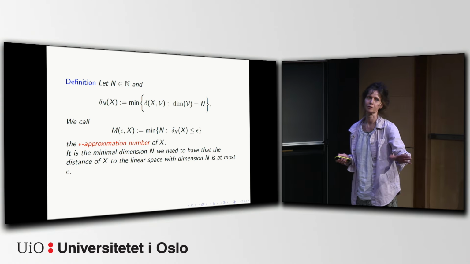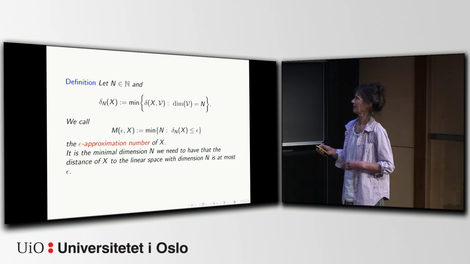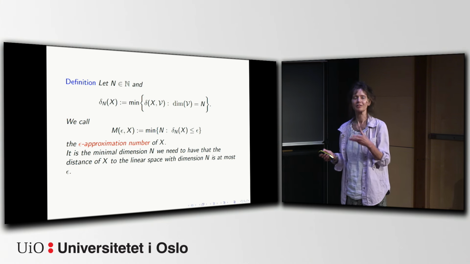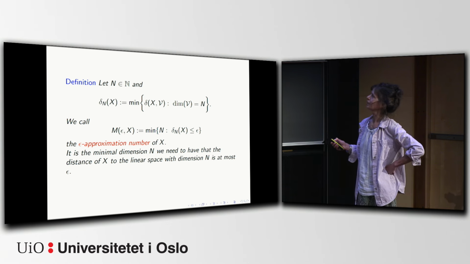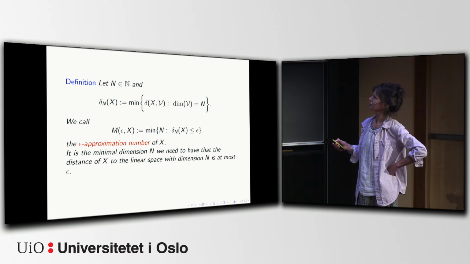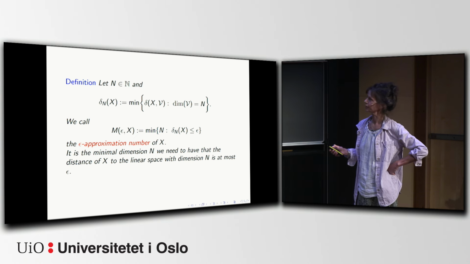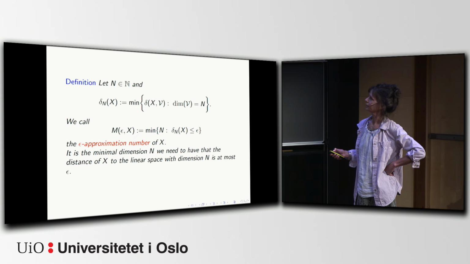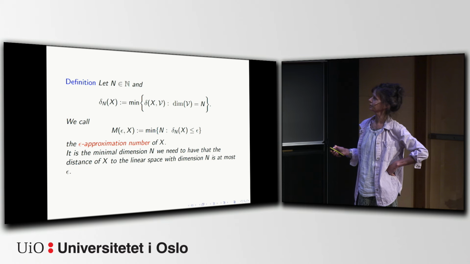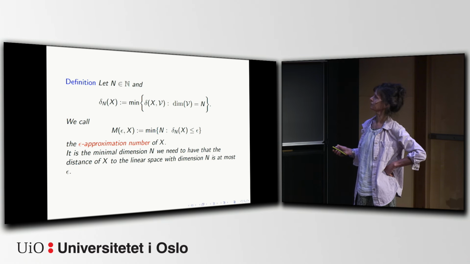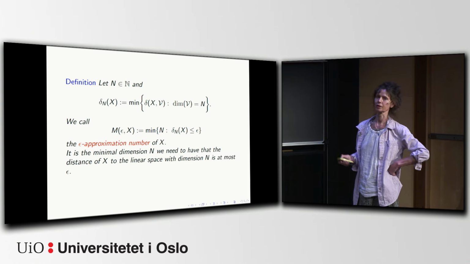I have to say something, you have to define it, but it's about the idea. The idea is that you look at this number: the smallest dimension such that the distance of a linear space with that dimension to the design is at most epsilon. So for each epsilon, you can define the epsilon approximation number: the minimal dimension n you need so that the distance of the design to the linear space with dimension n is at most epsilon.